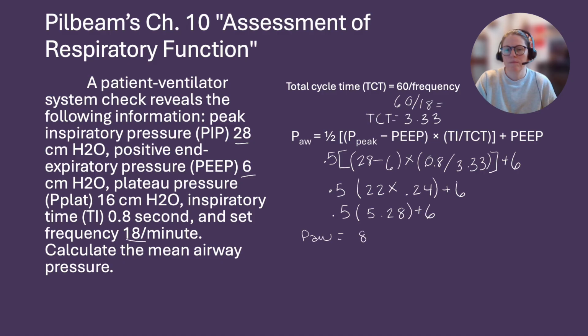We would multiply first and then add, and we're going to get 8.64 centimeters of water pressure. So that's just an example of an equation that we might run into for mean airway pressure.